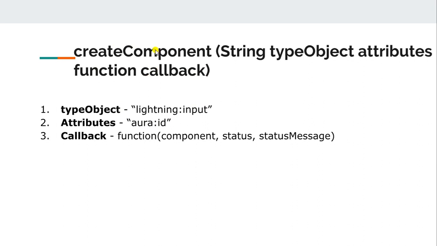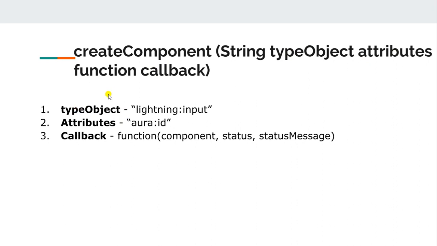We have a createComponent method that accepts three parameters. First is the string type of object, that is, what kind of component we want to create at runtime, then what the attributes are for this, and then the callback function. Here I have put some basic description for all three parameters.